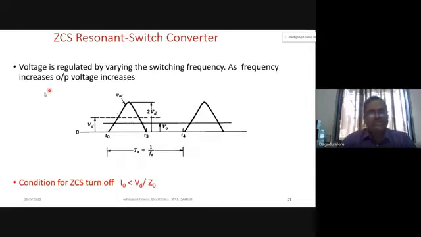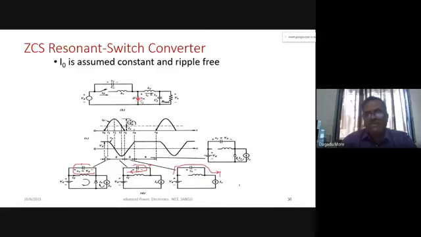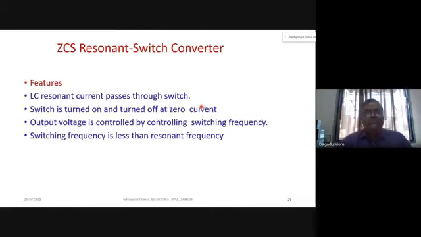As frequency increases, our off time will reduce while the on time remains fixed, so the output voltage increases. We control the output voltage by controlling the frequency. As frequency increases, output voltage will increase. This is what we discussed last time.